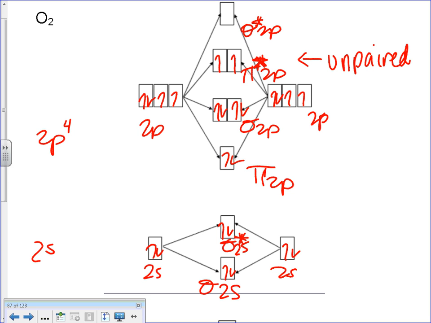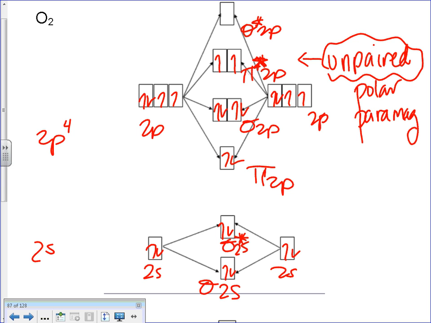So far, basically everything we've drawn outside of boron has been paired up 100%. So because this is unpaired, I want you to think about, is that paramagnetic or diamagnetic? Since it's unpaired, nobody's countering the upward spin. So this is paramagnetic. Paramagnetic means it will respond to a magnetic field.